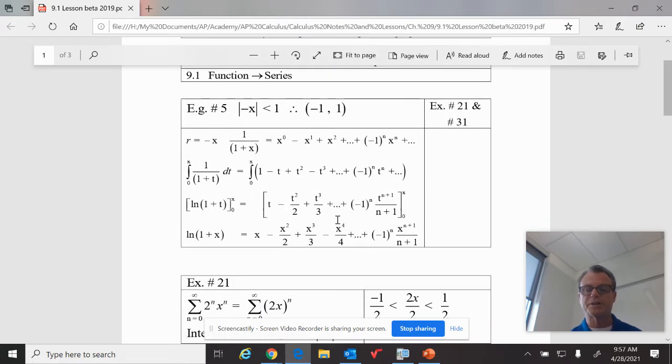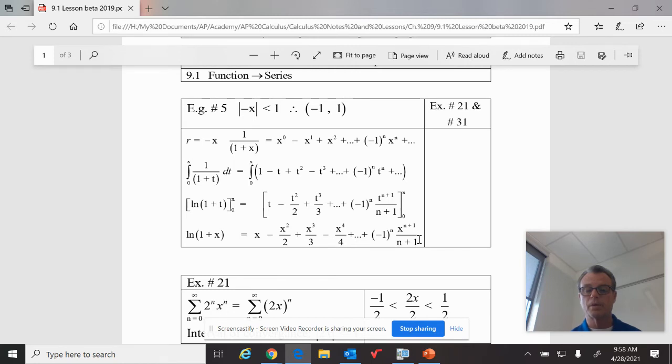this is the work step by step that you just saw in the PowerPoint, where the common ratio is negative x. And the general term, because the signs are alternating, is negative 1 caret n, x to the n plus 1 over n plus 1.